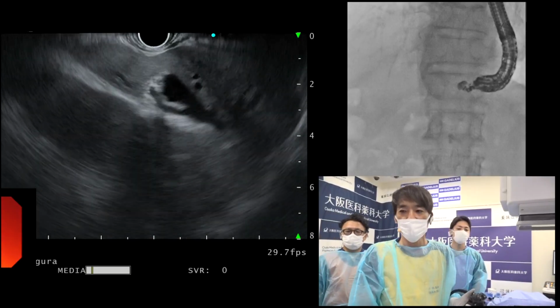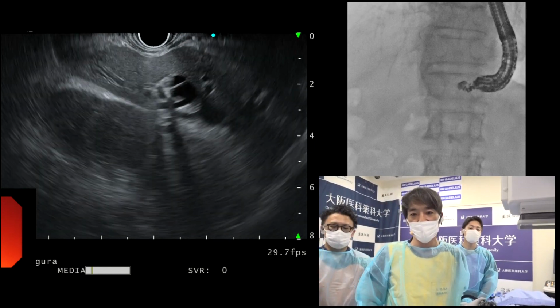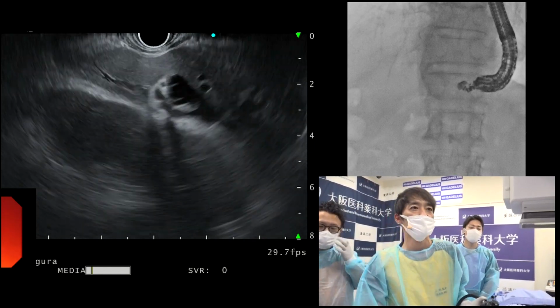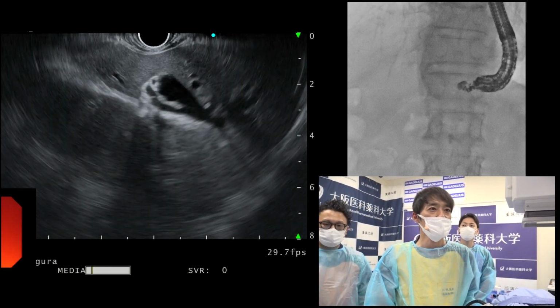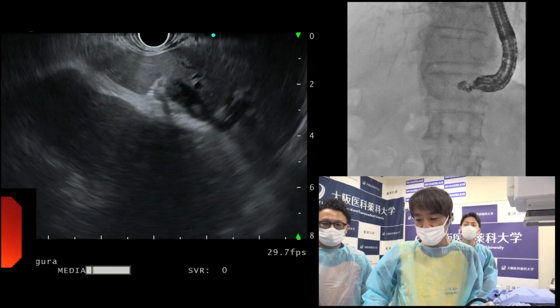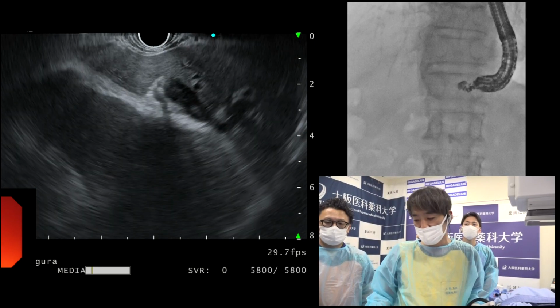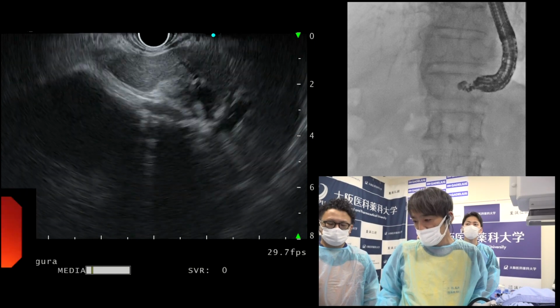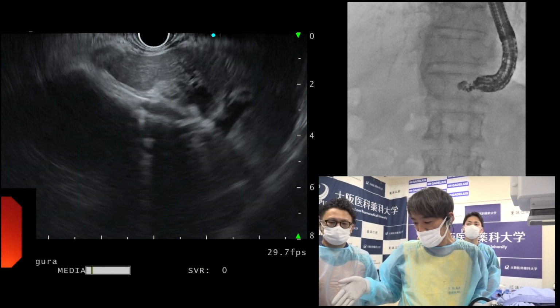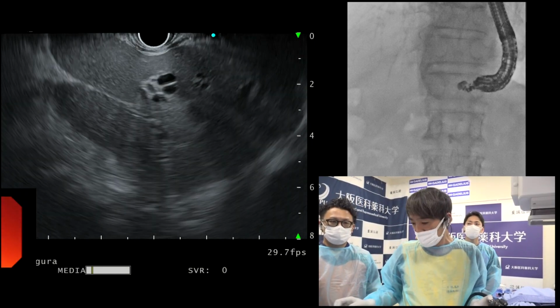So we already inserted the EUS scope into the stomach. As you can see, the biliary tract is nicely dilated. However, as you can see here, debris is observed. Today I use the EU-ME3.